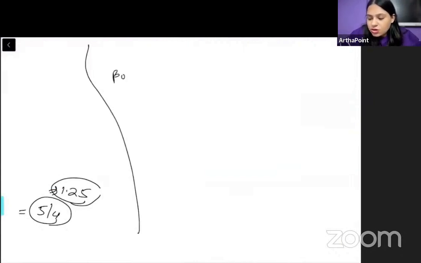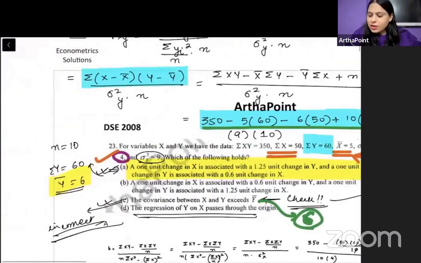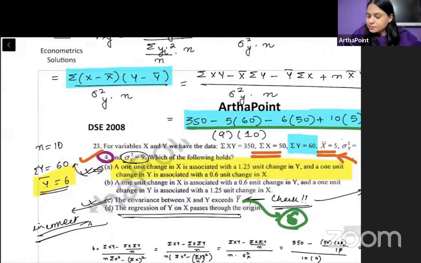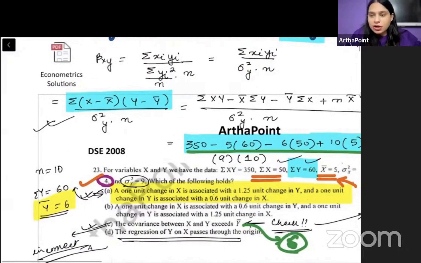What is beta naught? It is y bar minus byx x bar. Y bar is 6 minus 1.25 into 5. Isn't it? Mean of x is 5. Mean of y is 6. Right? And we are assuming that we are going through the right formula and getting the answer as 1.25 here.